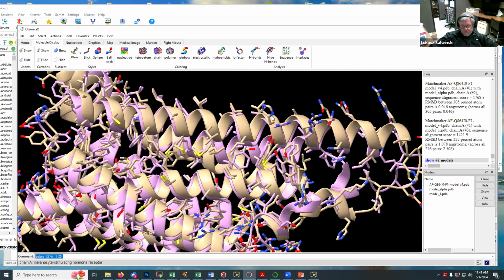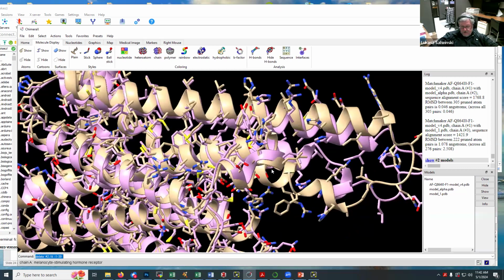But if we shift by an entire turn and move this histidine one turn away, then in some cases you might get models that are mismatching the position of the helix. So it's worth checking all the secondary structural elements for discrepancies if you're comparing between different models.